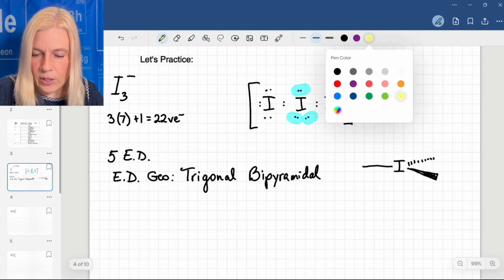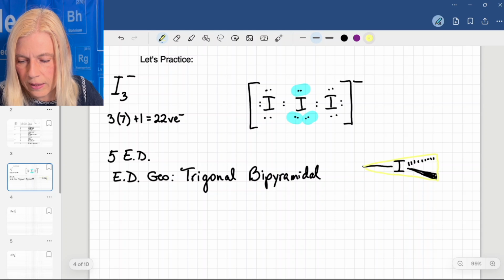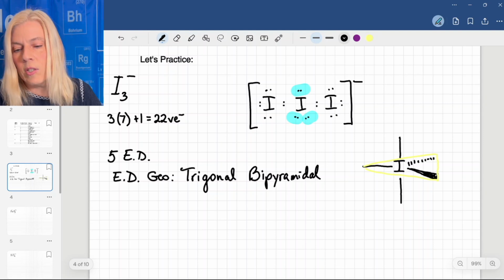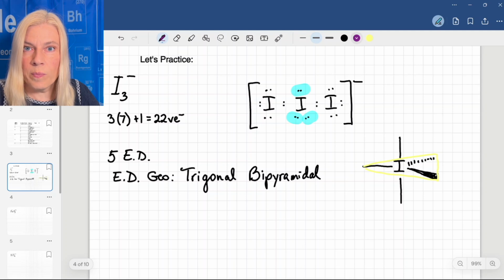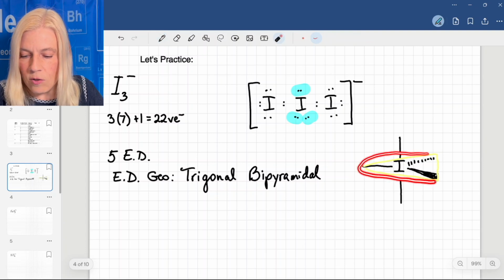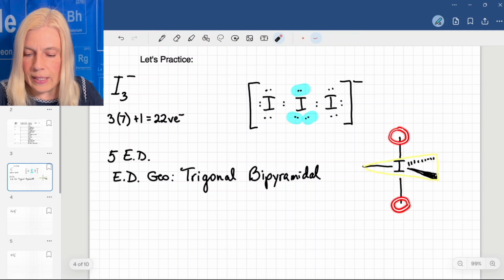Then I'm going to have 1 electron domain going straight up and 1 going straight down. So here are my 5 electron domains, and I need to place my lone pairs. The ones on the same plane, think of them as being on the equator. They are called equatorial positions, and the others are called axial positions.